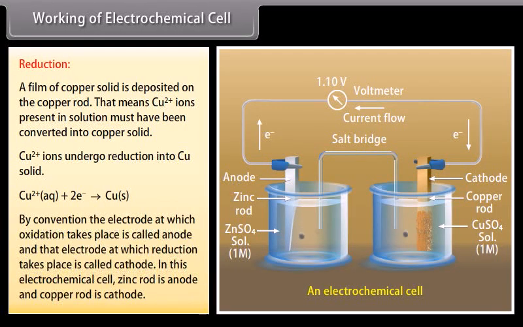By convention, the electrode at which oxidation takes place is called anode, and the electrode at which reduction takes place is called cathode. In this electrochemical cell, zinc rod is anode and copper rod is cathode. Observations in electrochemical cell.